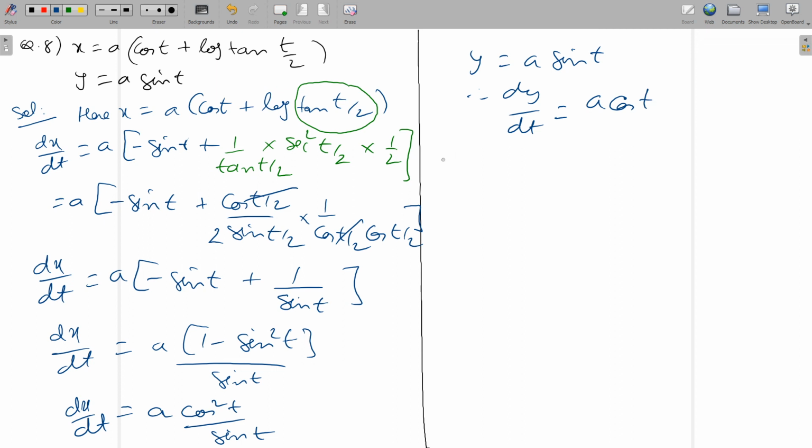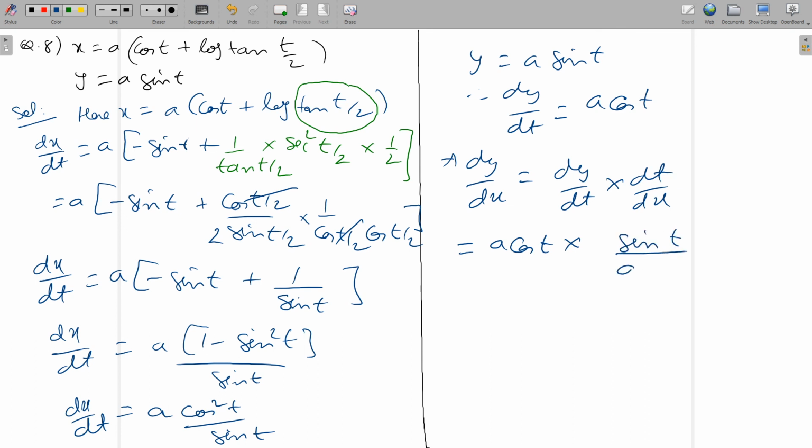So dy by dx will be equal to, by applying the chain rule, dy by dt into dt by dx, and this will give us dy by dt is a cos t, so a cos t into, and we are having dx by dt, so we'll take the reciprocal of that, so we'll get sin t over a into cos square t, so that is cos t into cos t, and this cos t and cos t cancel out, a and a will also cancel out, so we'll get dy by dx equal to sin t over cos t is tan t, so tan t.